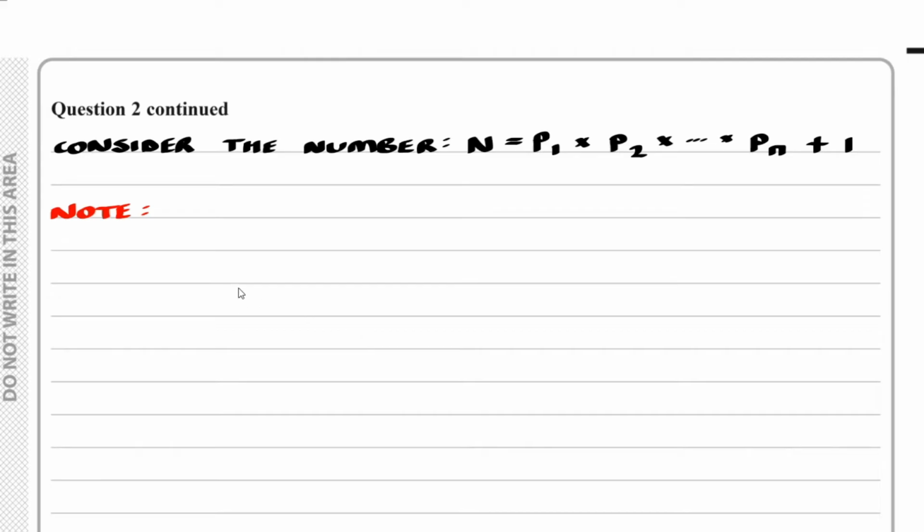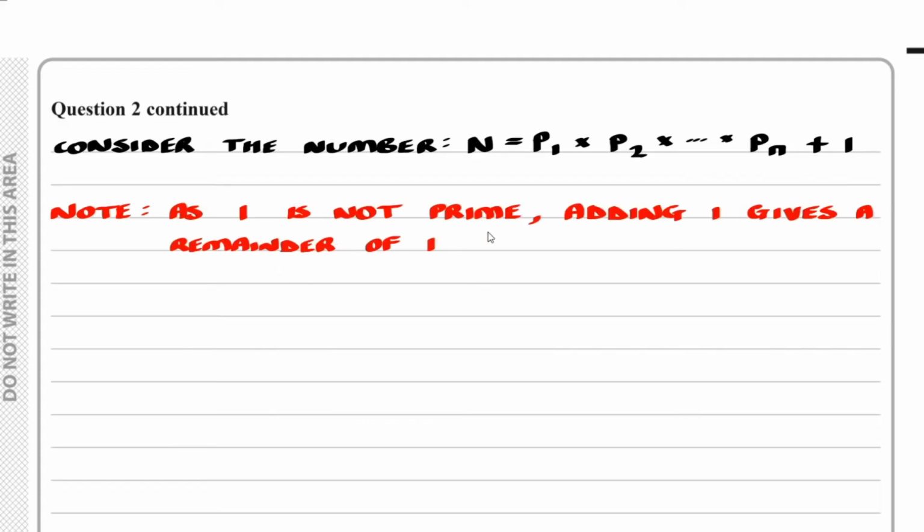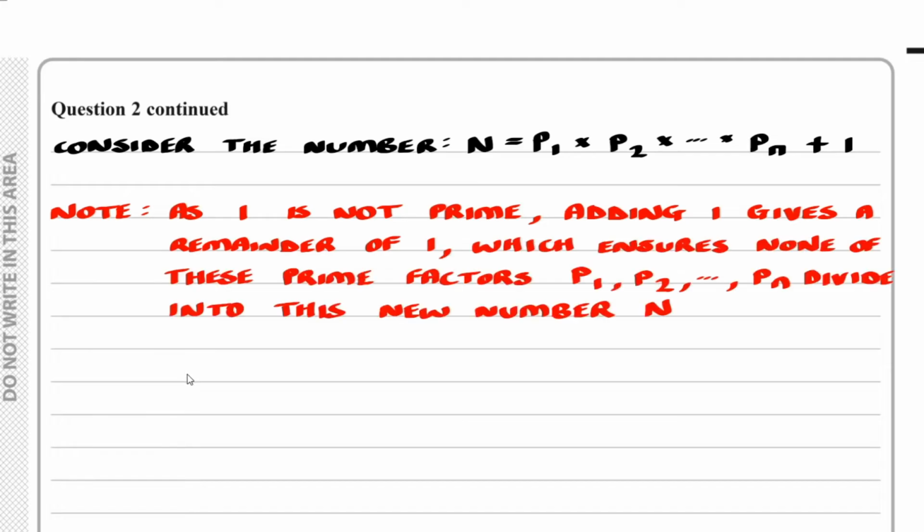Now, the reason we add 1, well, as 1 is not prime, adding 1 gives a remainder of 1, which ensures none of these prime factors, p1, p2, etc. up to pn, divide into this new number n. So if we consider this number n, either n is prime or n is not prime.